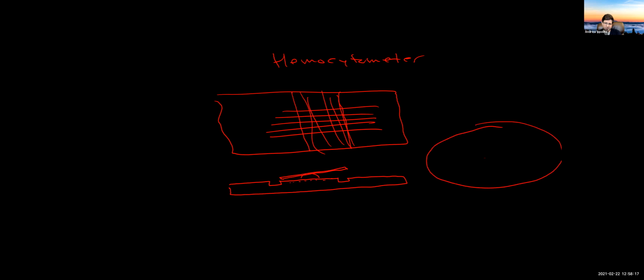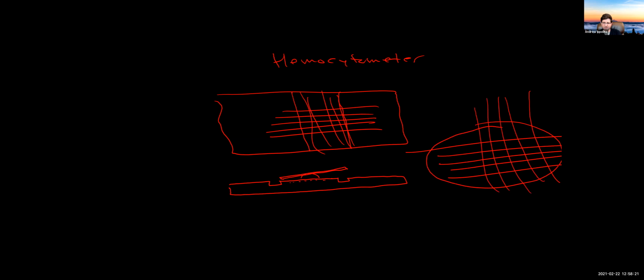And from a side view, it looks like this. So the etchings are here. And the idea is, you take your cells, you mix them up into a solution so they're evenly distributed, and you quickly pipette them. You put a drop on the hemocytometer, and you put a cover slip on it. And then you look under the microscope, and you will see this grid.